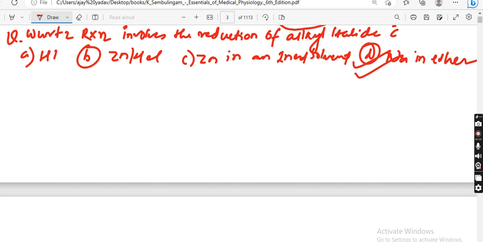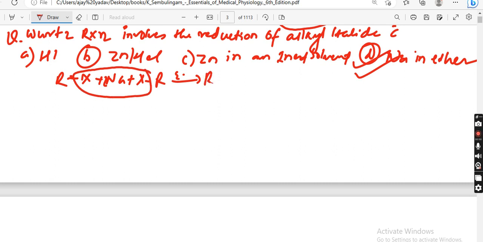RX when reacted with Na in the presence of dry ether will give you R-R plus 2NaX.